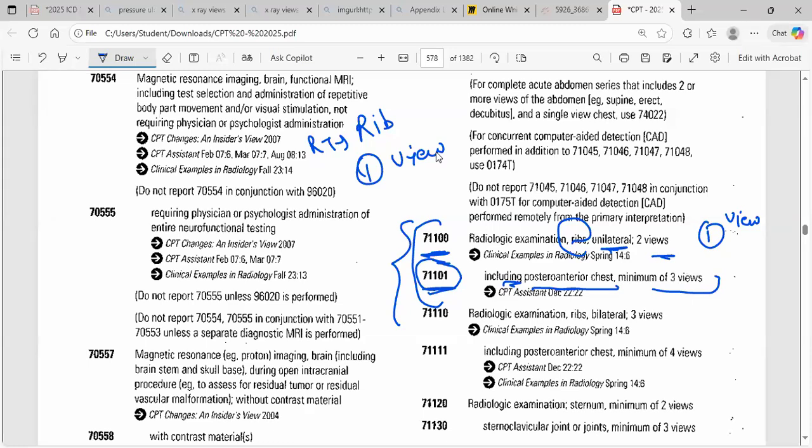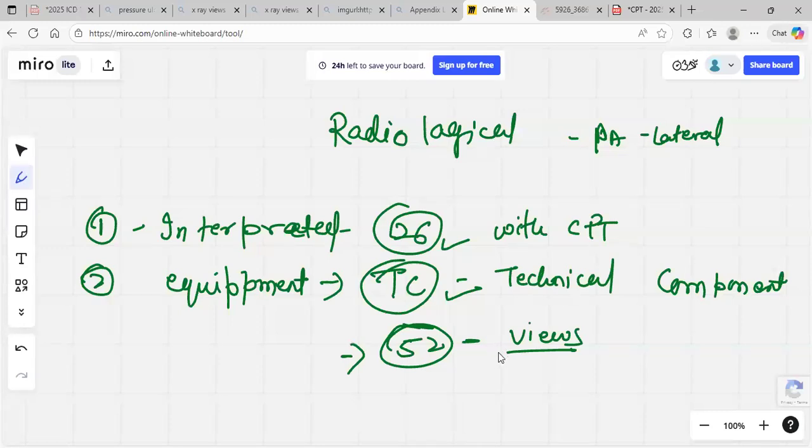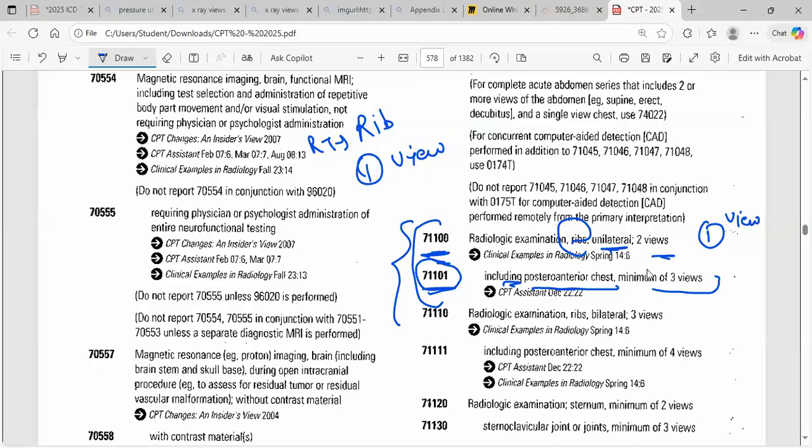Any other answers, guys? Okay, we just recently studied modifier 52. Here we have discussed that we can use this to represent if the doctor did not complete the views mentioned in the CPT, right? We do not have any code for the one view, and we just have a code for two views only.